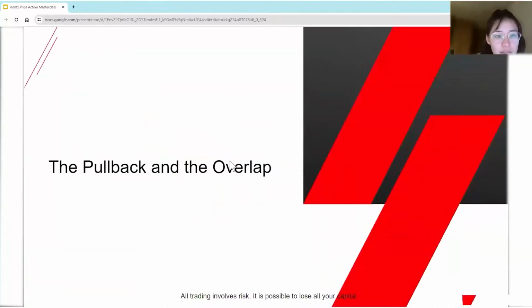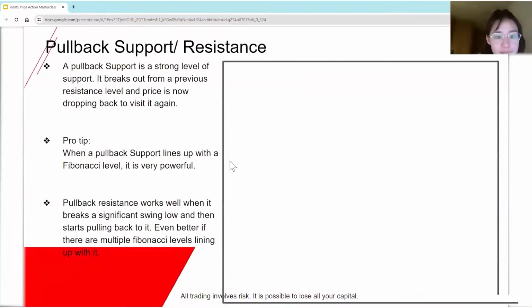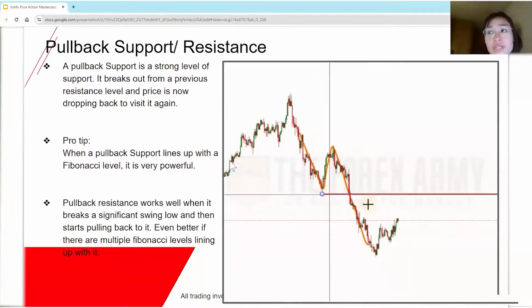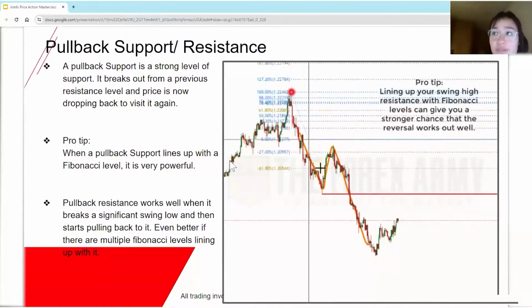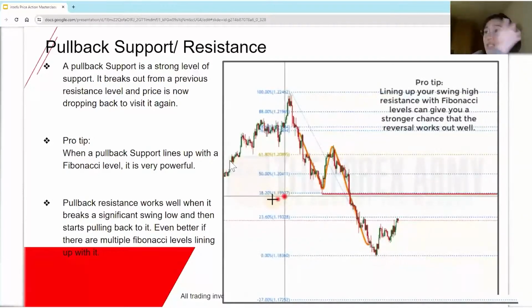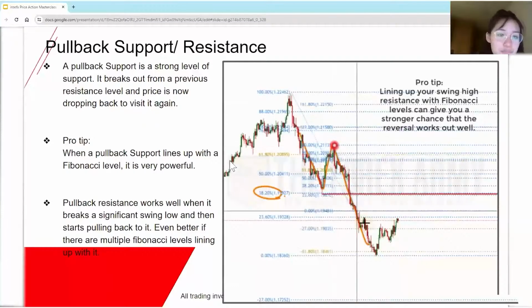Now let's look at the pullback and the overlap. I did mention the overlap earlier, but a pullback support is basically before an overlap occurs. It's a strong level of support and resistance, and it breaks out from the previous resistance level, and price is now dropping back to visit it again.